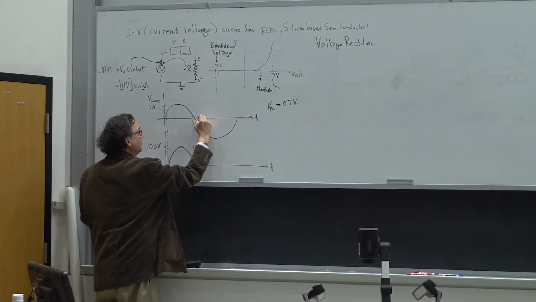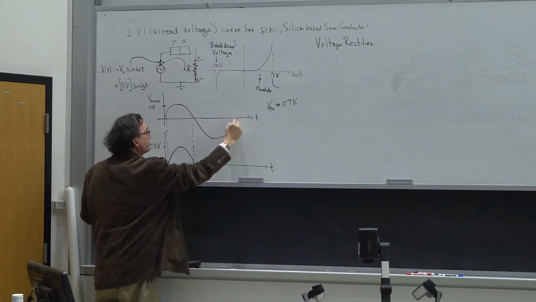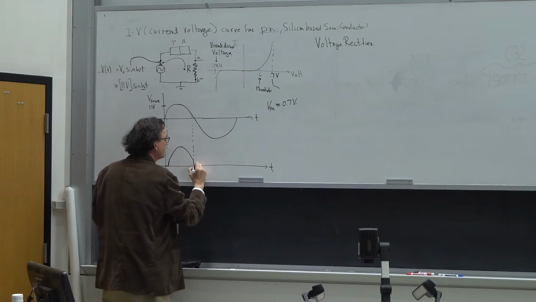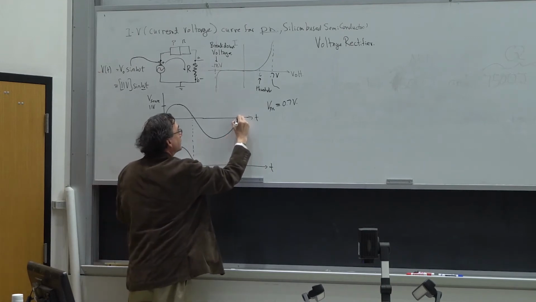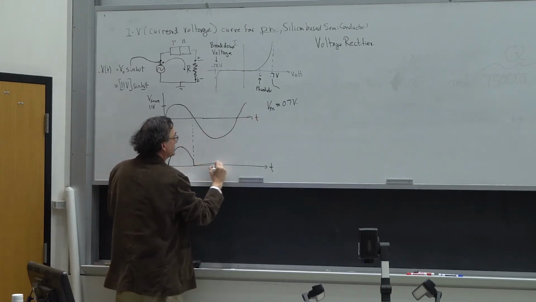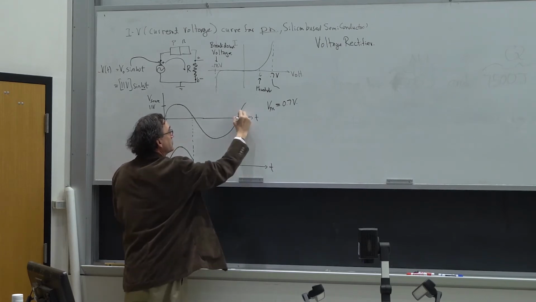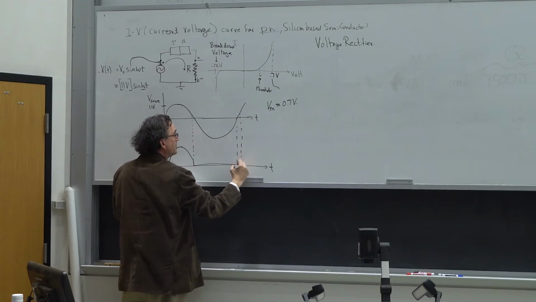And similarly, as it goes negative, well, this is reverse bias, right? The diode doesn't conduct in reverse bias mode, so the voltage stays flat until it goes positive again. So the voltage stays flat out to here, and this will be the zero crossing. This will be 0.7.